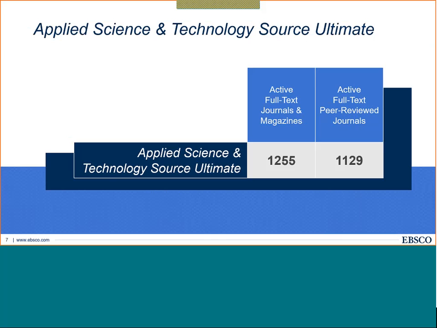And there are 1,255 of these journals or magazines. Out of these 1,255, 1,129 are peer-reviewed journals. So you can see a vast majority of them came through some peer-reviewed process, so they have really valuable information.